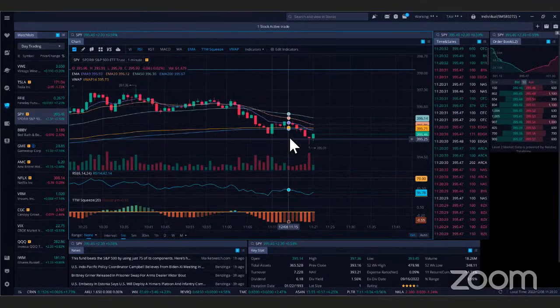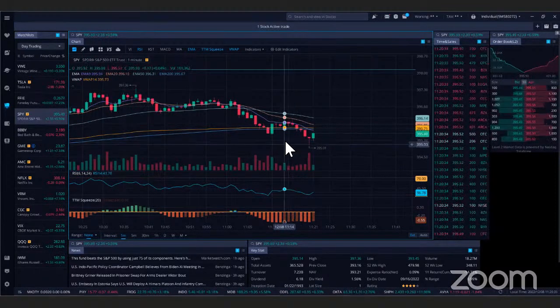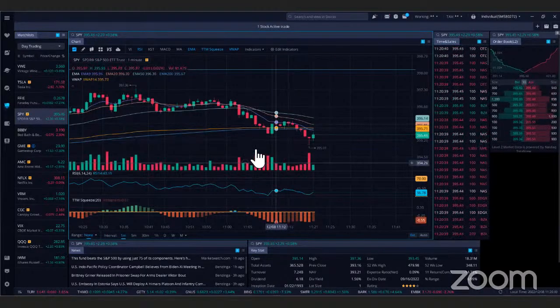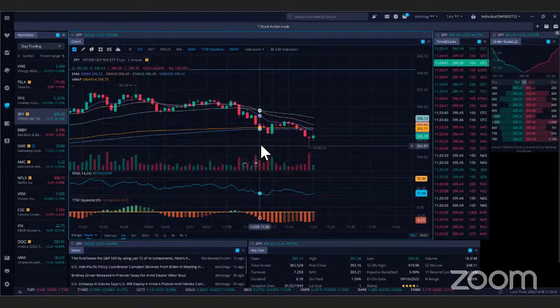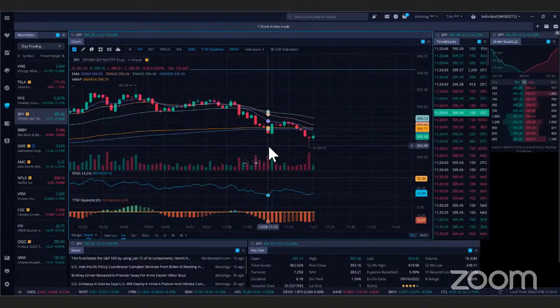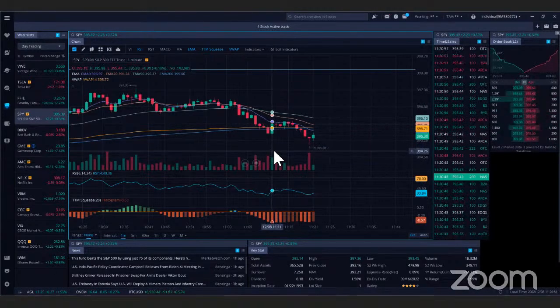I don't know if that's true or not, but they're not complicated. Everything's the same. If you buy SPY long here, you're going long, whether you're using options calls, selling puts, or buying futures contracts, it's all the same.